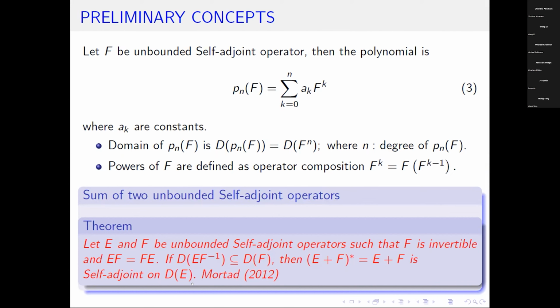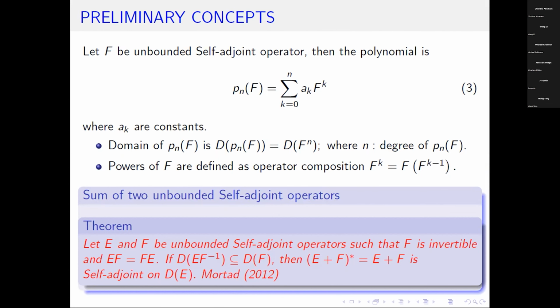Commutativity means that the action of one operator on another is equal to the action of the other operator on the first, that is, EF equals FE. If that is satisfied, and if also the domain of the product operator EF inverse is contained in the domain of F, then the operator E plus F will be self-adjoint. That means the adjoint of E plus F is E plus F, defined on the domain of E. That was the result by Mortale.